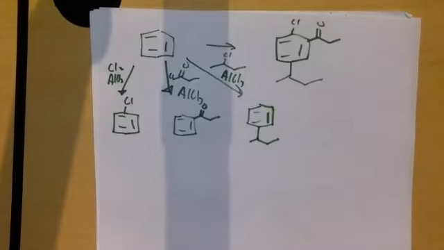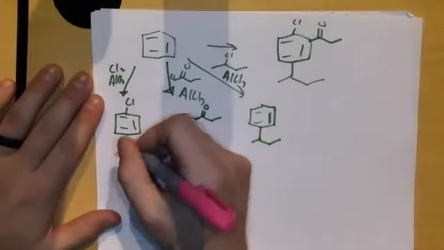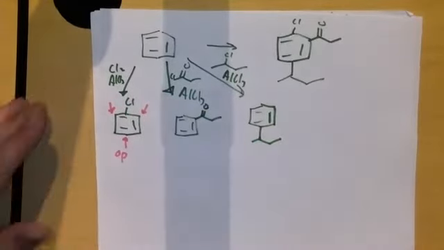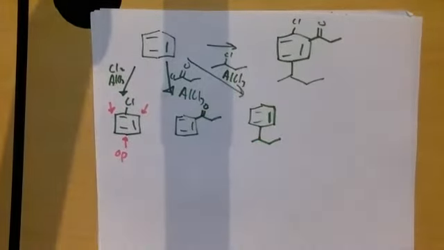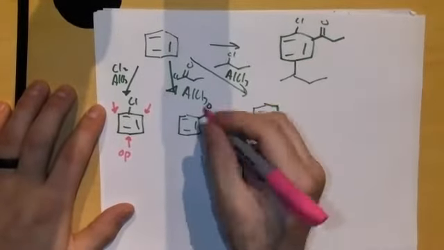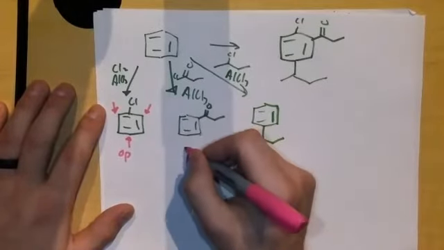So taking a look at all these, we have chlorine, it's a group 4, an ortho-para director. That would let you put things into the correct spots. We have this acyl group here, this is a meta director.